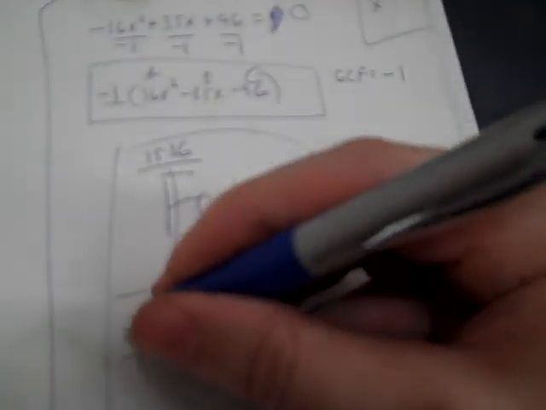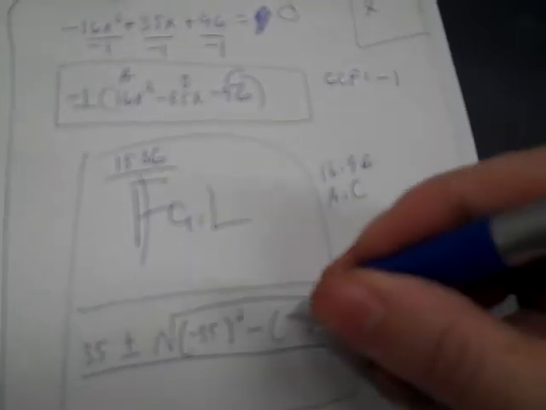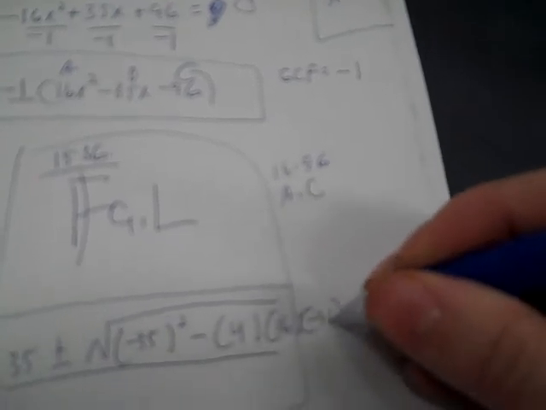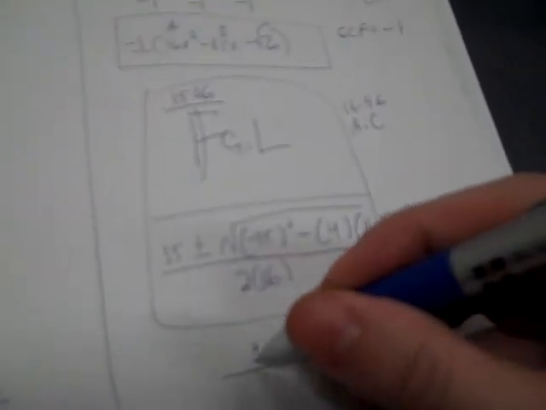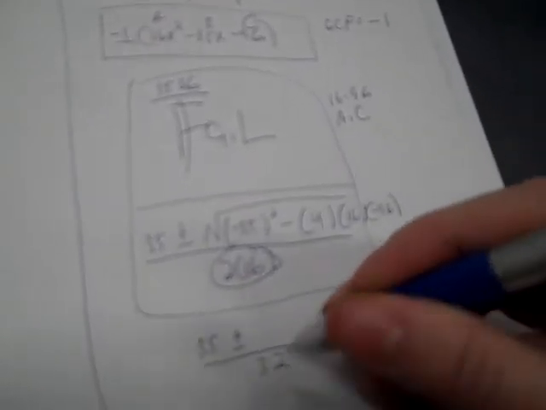So I want to do my formula. So the opposite of B would be 35, plus or minus the square root of B squared minus 4AC. Get good at setting that up. And B, so negative 35, and then 4, A is 16, and C is negative 96. Okay, and then 2, and what is A? It's 16. Save yourself a lot of time if you just use your calculator. So you got 35, and 2 times 16 is 32. Now let's punch that square root in.